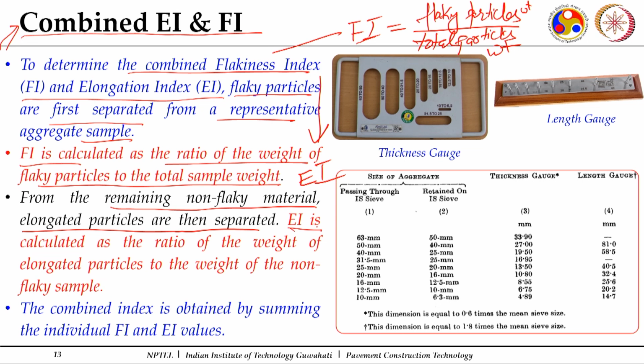So, the elongation index will be the elongated aggregate weight divided by the non-flaky aggregate weight, because the aggregate you have taken is non-flaky only, and on the non-flaky you have done the measurement of elongation index.